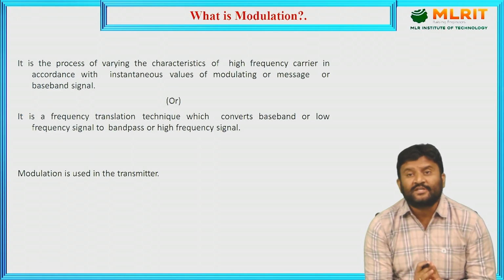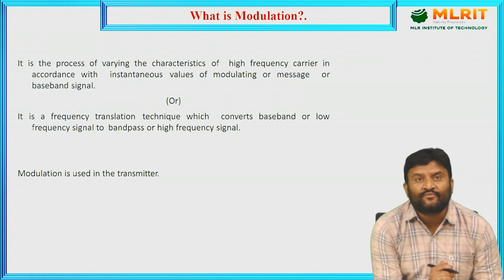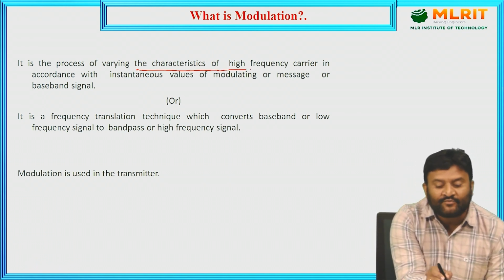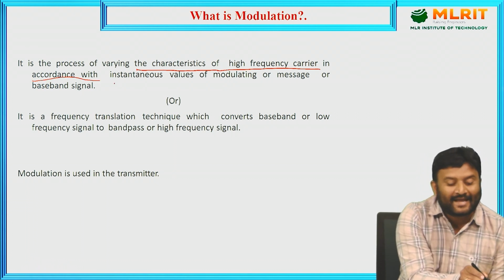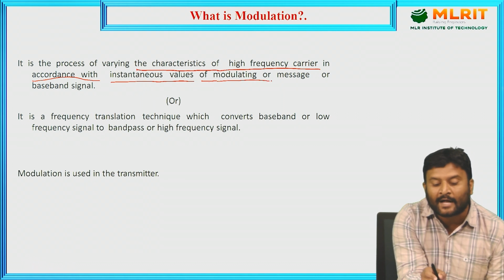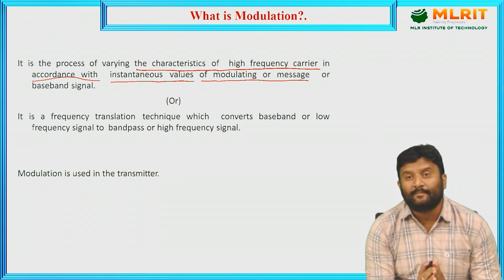The definition of modulation clearly explains it is the process of varying the characteristics of a high frequency carrier in accordance with instantaneous values of the modulating or message signal. Very important definition.